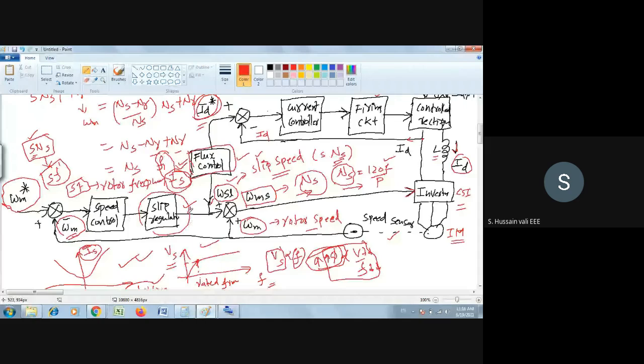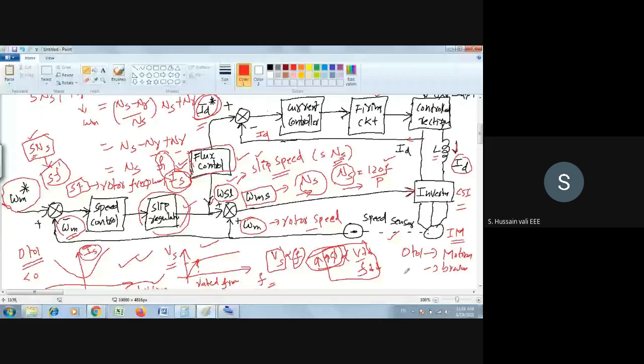Okay, if it is motoring condition. If it is regenerative braking, then it will be controlled to a negative value, that is less than 0. The purpose of the slip regulator here is to control the slip between 0 and 1 for motoring condition, whereas for braking condition, as we have seen, slip becomes negative, less than 0.